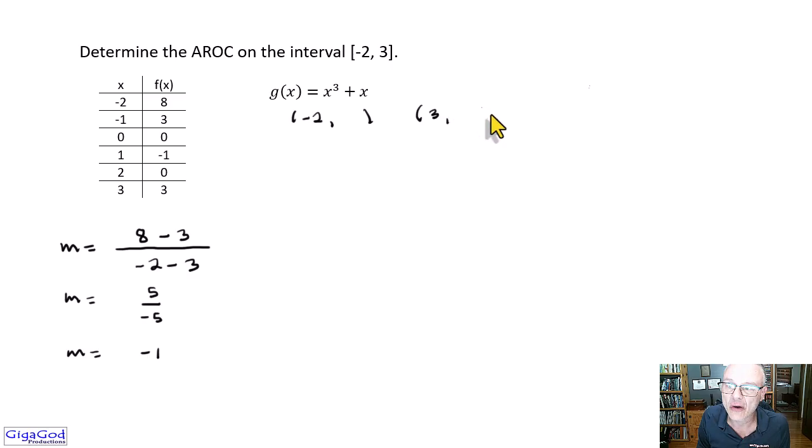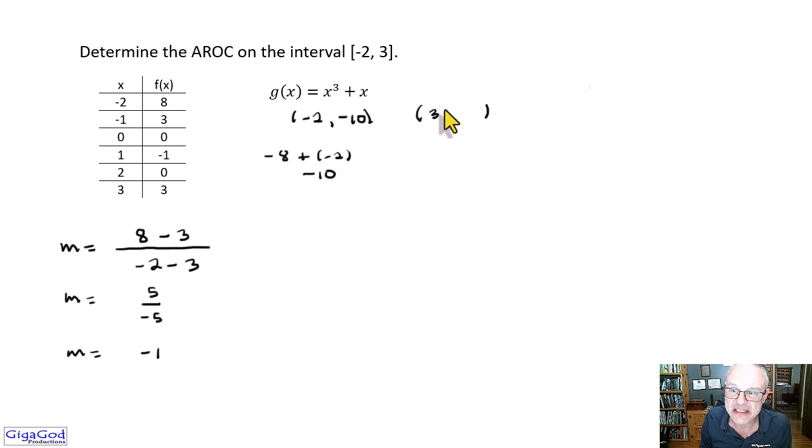And we don't know right now what the corresponding y value is, right? These are x values on an interval. So we'll calculate them. For the first one, we have to take -2 and cube it. That's -8. And then we have to add -2. Cube it and then add the original number. That's -10. And there you go, we've got this number.